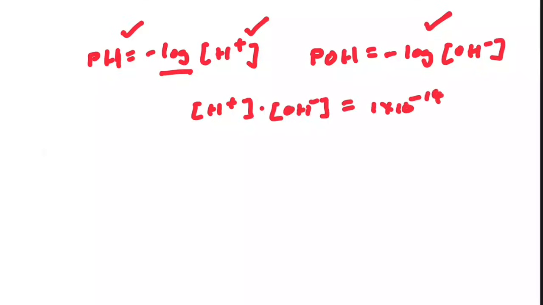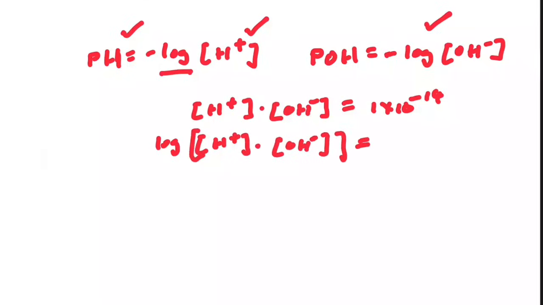Okay, let's introduce log on both sides. I want to show you something very cool. If we introduce log on both sides, we would have log of H+ multiplied by OH-. What we do on the left, we must also do on the right. So here we're going to have log of 1 times 10 to the minus 14.